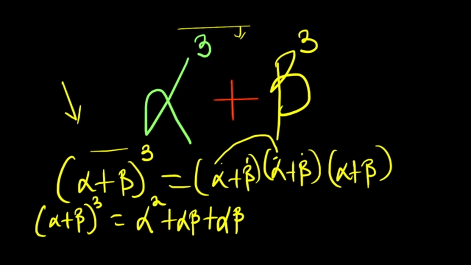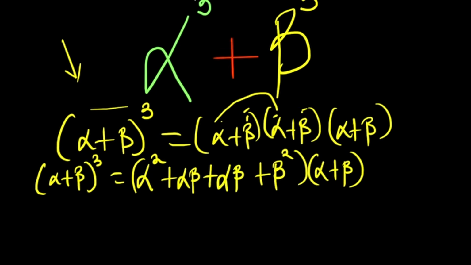It doesn't matter whether it's beta alpha or alpha beta, but since we chose this one to be alpha beta, it's also going to be okay for the next one to be alpha beta for simplicity's sake. Now beta times beta is beta to the power of 2, okay, beta squared. Now we put this in bracket, and remember we're multiplying it by the third bracket, which is alpha plus beta.